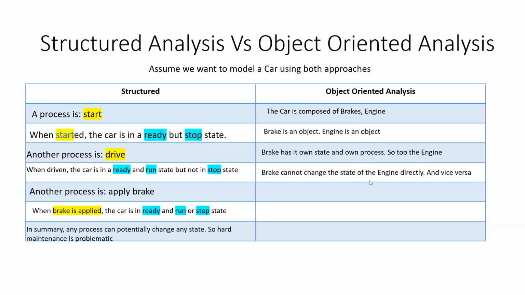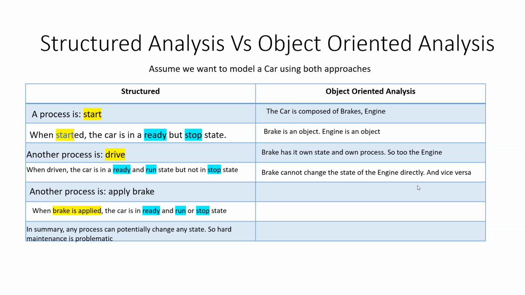If you want to start the car, the start process will be within the engine, and if you want to brake the car, then the brake process will be within the brakes object. So these two will have different states and different processes.